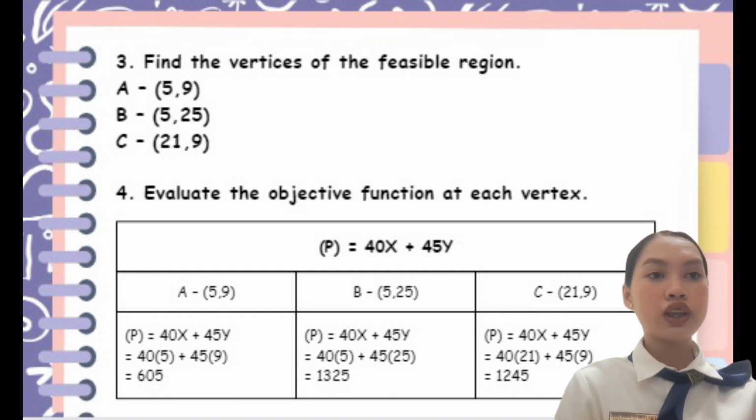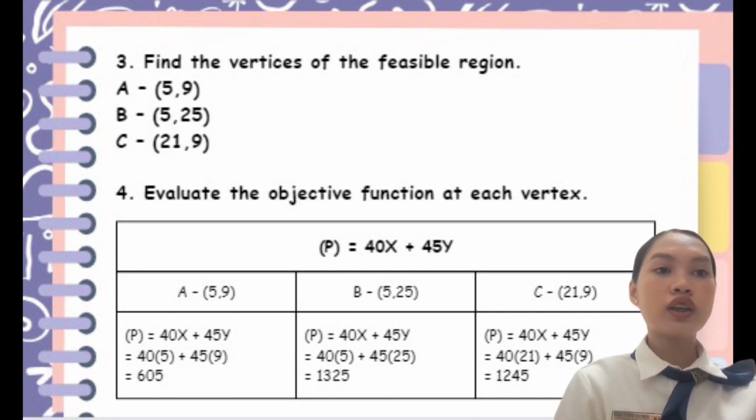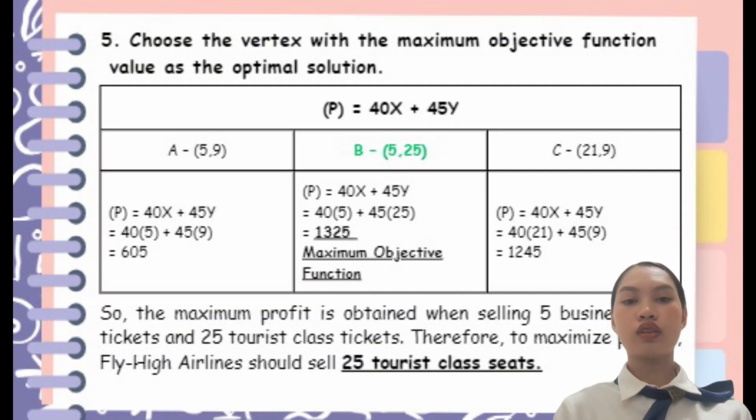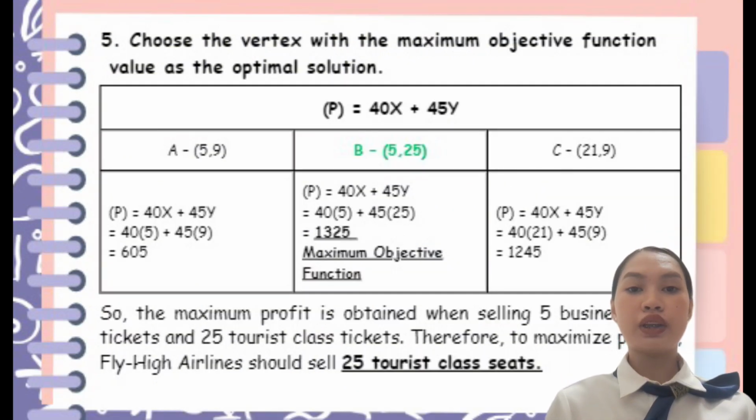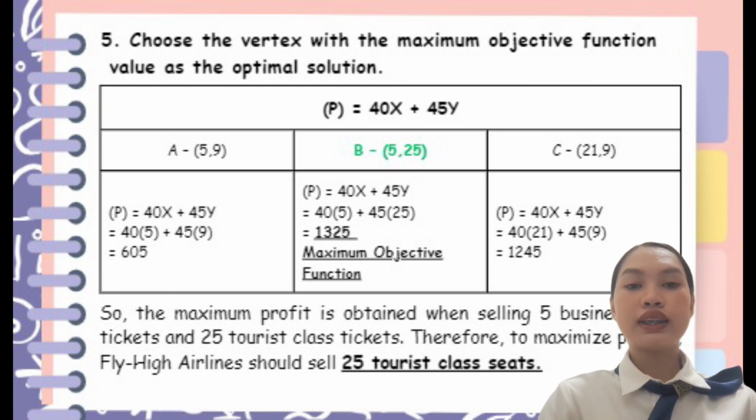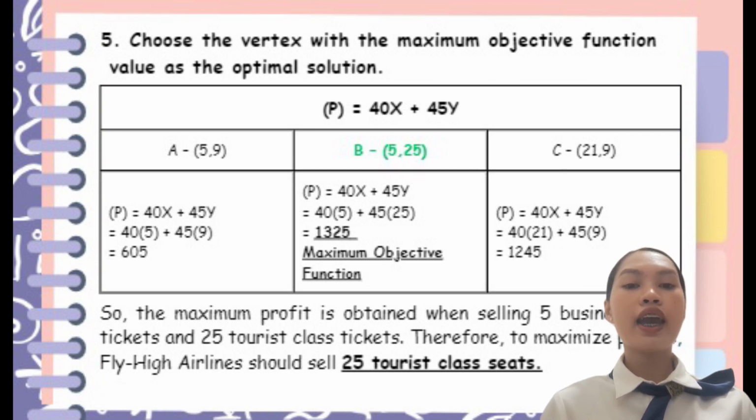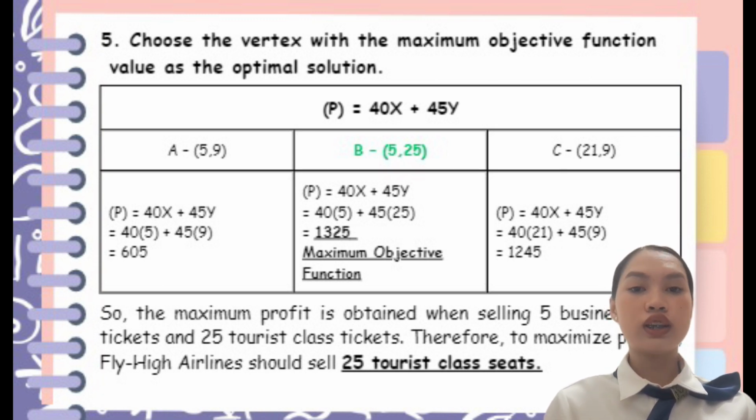And column C, we have 1245 as its objective function. The maximum profit is obtained when selling 5 business class tickets and 25 tourist class tickets. Therefore, to maximize profits, Fly High Airlines should sell 25 tourist class seats.